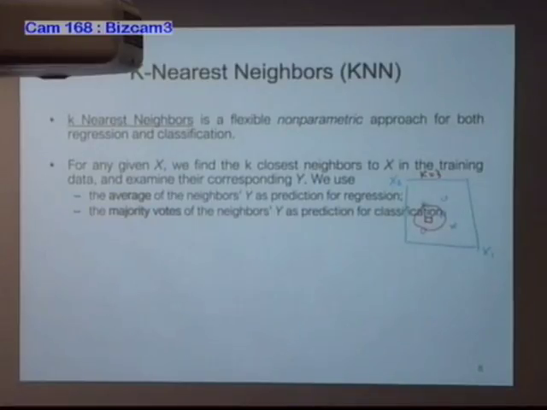The probability of being circle is the proportion of circle. Okay? There were 3 points as the neighbors. 2 were circles, so the proportion was 67%. So I'm predicting this guy to be 2/3. Right? The probability of that.